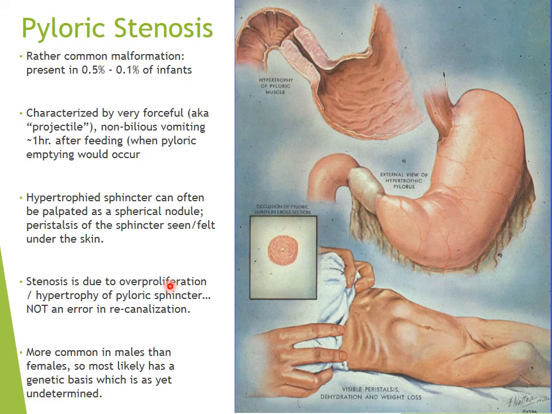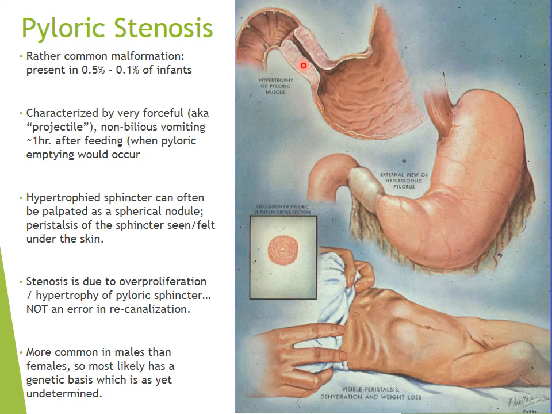This leads to a distended abdomen because of the obstruction, and also peristalsis can be visible over the abdomen. This can be corrected by surgery, and the surgical relief of the pyloric obstruction is by pyloromyotomy, by giving an incision on the pylorus and releasing that obstruction.